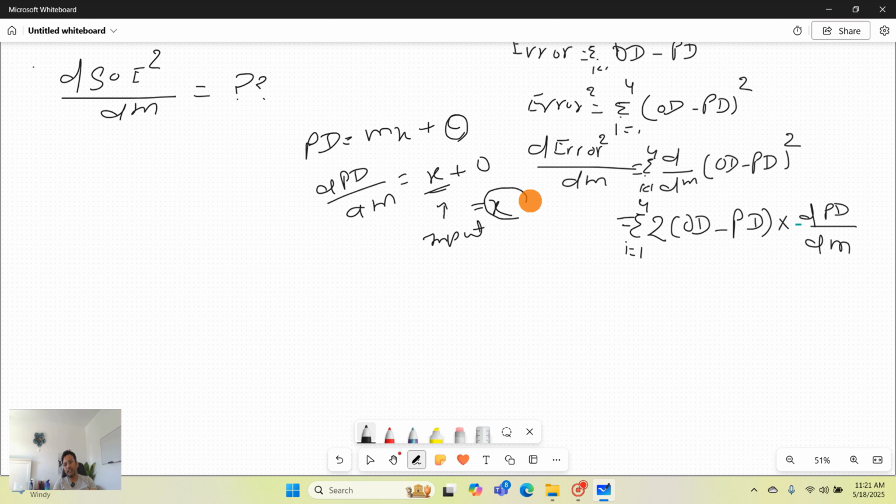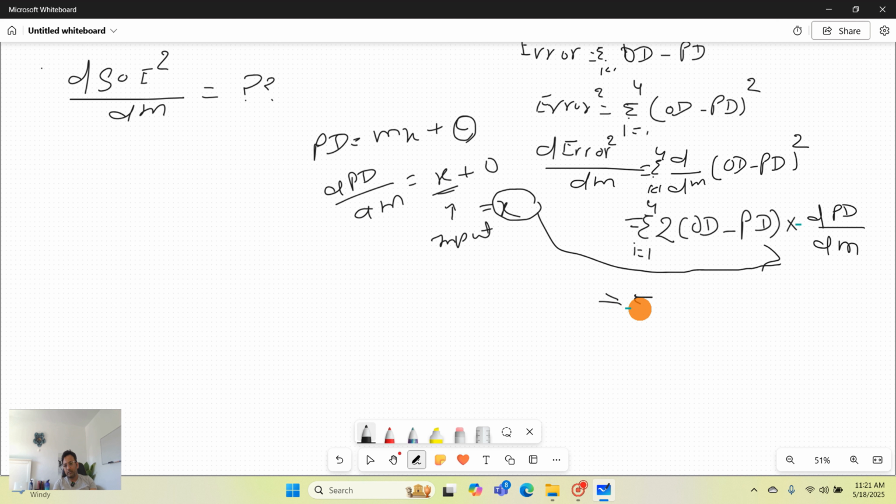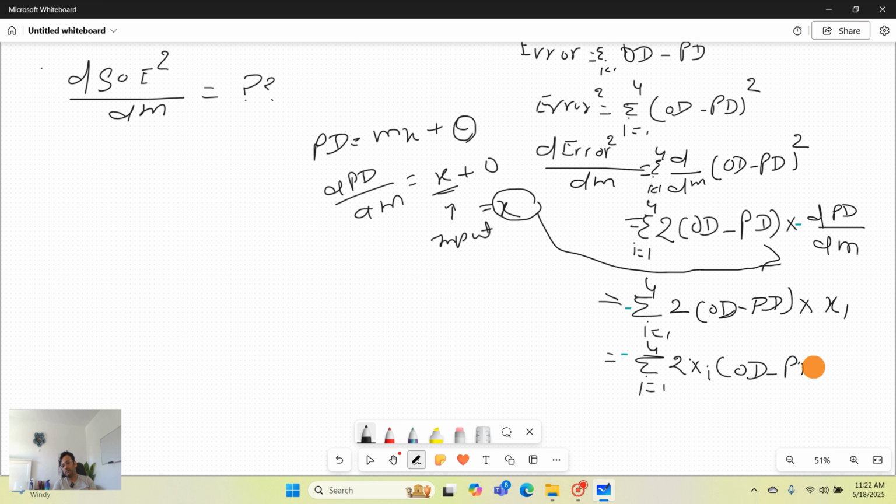So this x value will come out here, and it will be summation i equal to 1 to 4 of 2 times OD minus predicted value into input value. Simple. So the new formula for this error came out: 2xi, or whatever the input is, times OD minus PD.